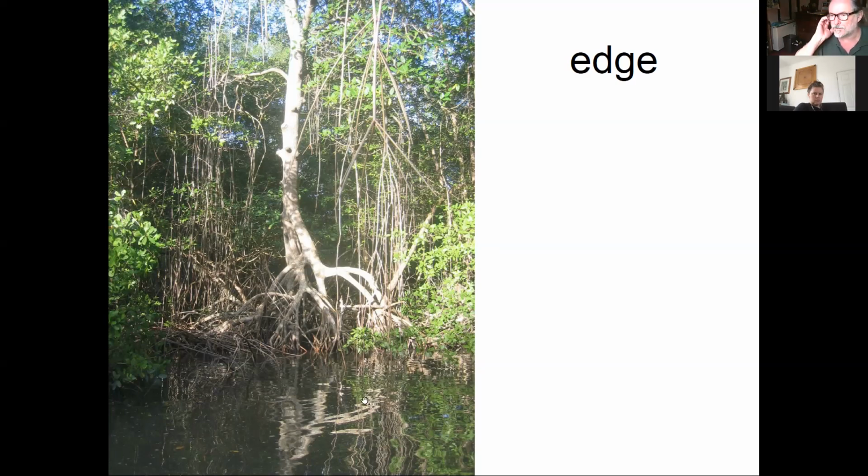This mangrove swamp is growing in an estuary, which means there's fresh water flowing in from a mountain and it's mixing with seawater, which is saline. And estuaries are tidal, so the saline water is going up and down. So one part of the day, it's inundated with salty water, and another part of the day, it's fresh water. So we've got an edge, a gradation from 100% saline to 100% fresh.